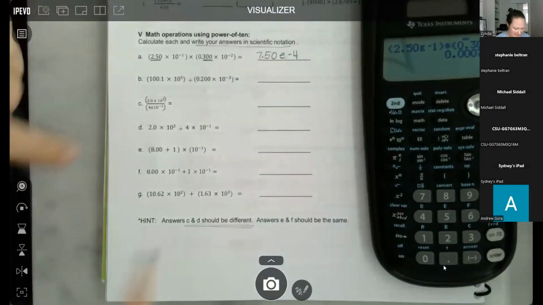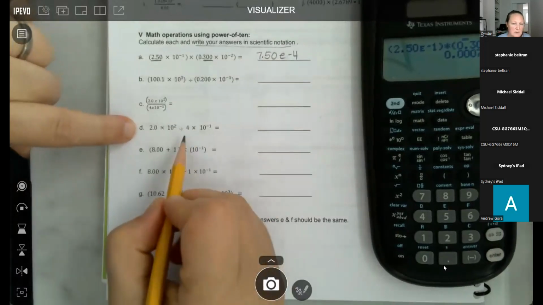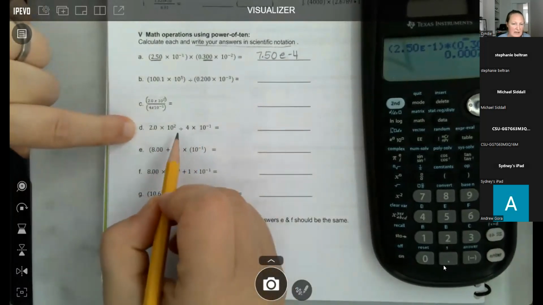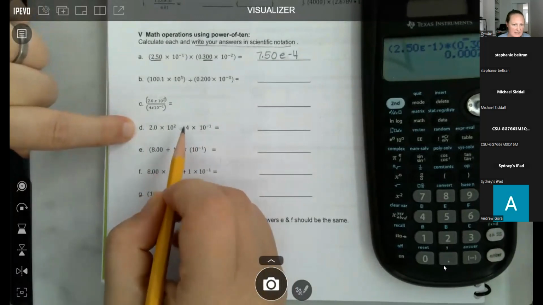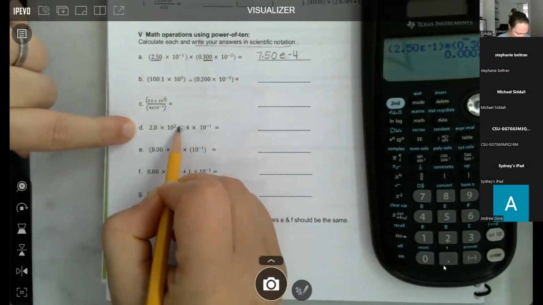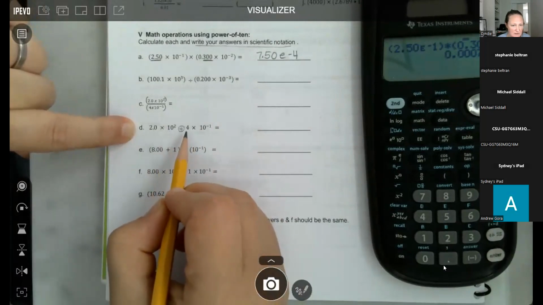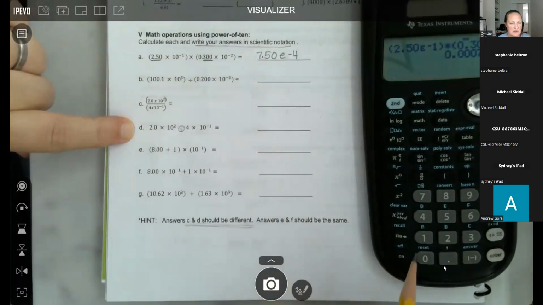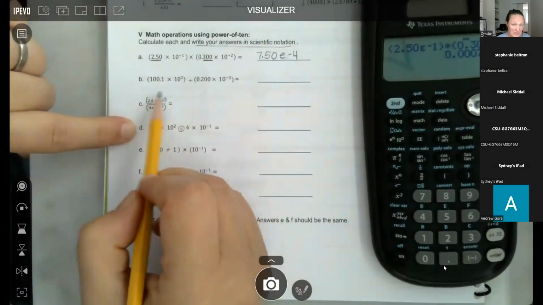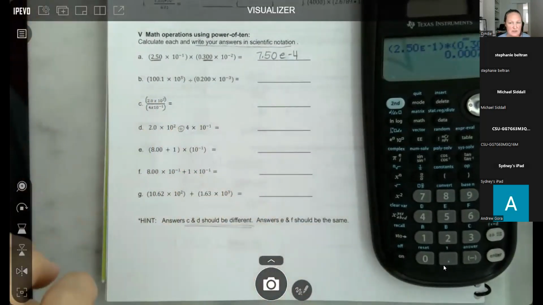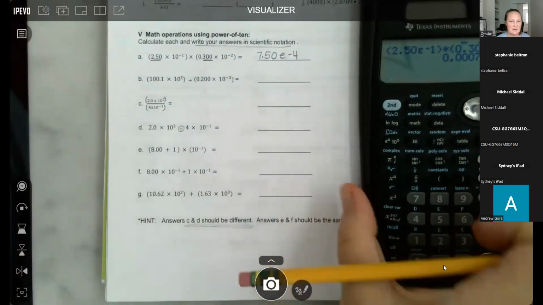Right? Whereas here, this is written differently, and math operations would tell us to do this division first. So the calculator will basically do 10 to the 2 divided by 4 first, and then the multiplication, as opposed to the multiplication and then the division. And it changes the answer, which is kind of weird.